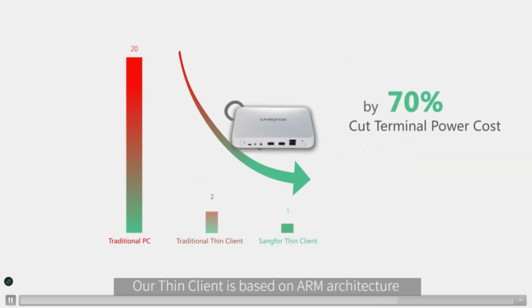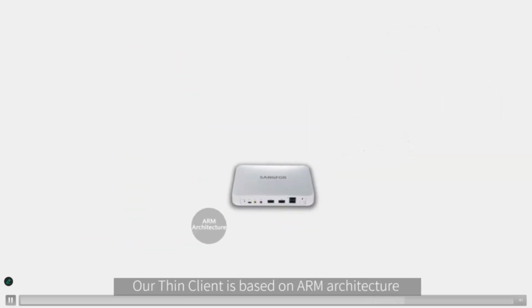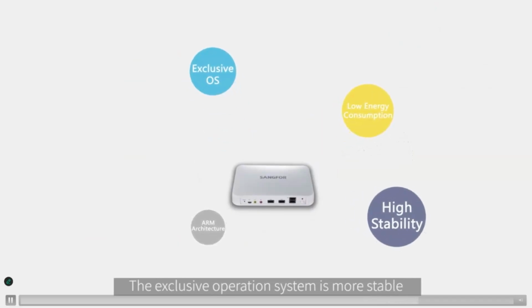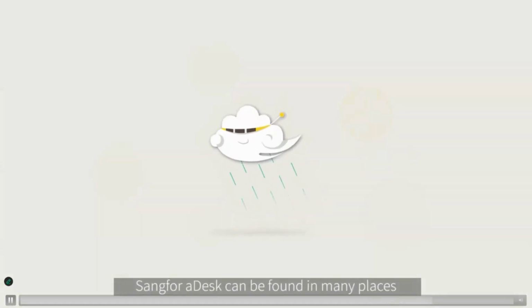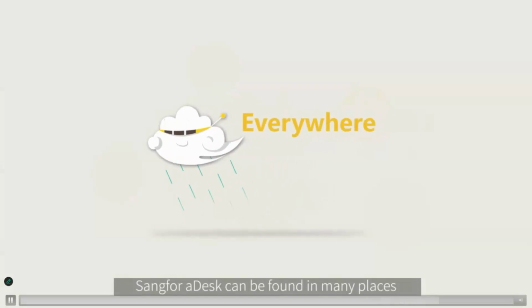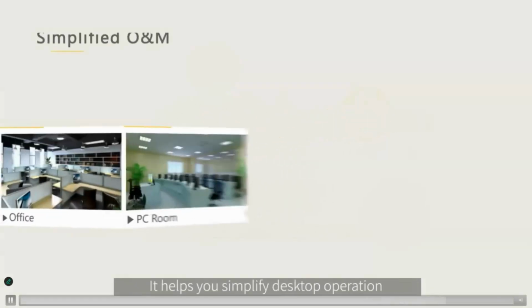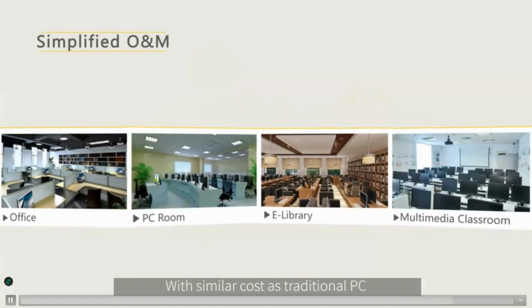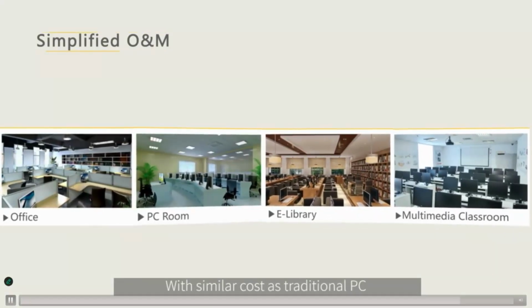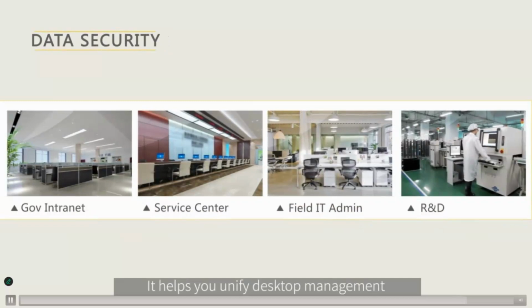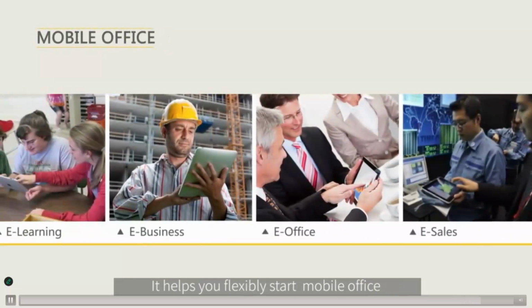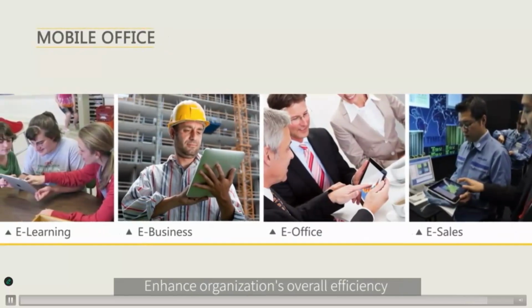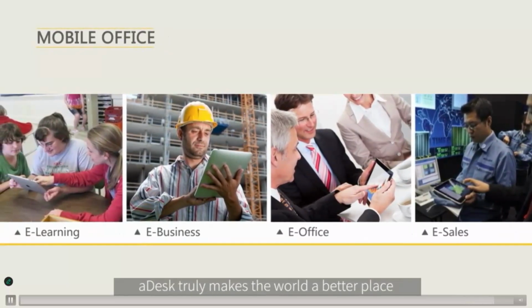Our thin client is based on ARM architecture, cutting energy consumption even more. The exclusive operating system is more stable, streamlining maintenance work to the minimum. Sangfor A-Desk can be found in many places. It helps you simplify desktop operation and maintenance at a similar cost to traditional PC. It helps you unify desktop management. Centralized storage guarantees data security. It helps you flexibly start mobile office and enhance the organization's overall efficiency. A-Desk truly makes the world a better place.